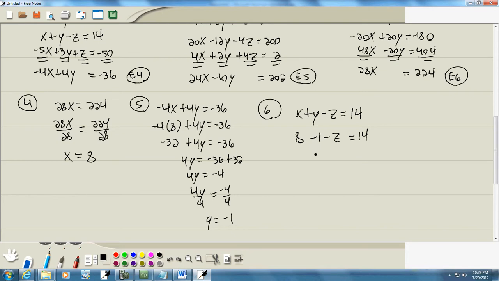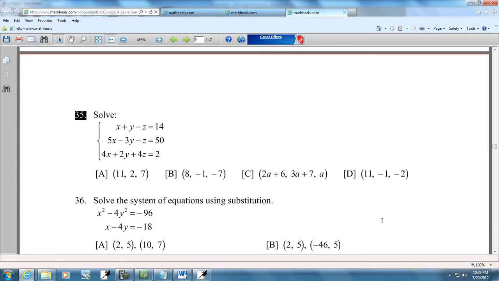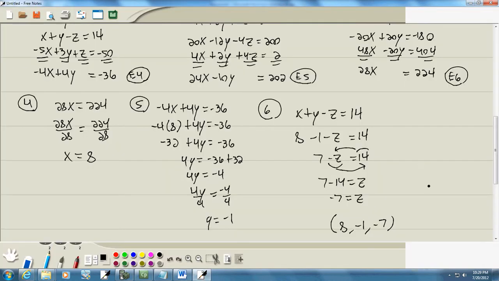So plug those in. 8 minus 1 is 7. So we got 7 minus z is equal to 14. I'm going to take the negative z to the right side and 14 to the left. So I got 7 minus 14 equals z. 7 minus 14 is negative 7. So we get z is equal to negative 7. So our answer would be 8, negative 1, and negative 7, which would be B as in Bill.